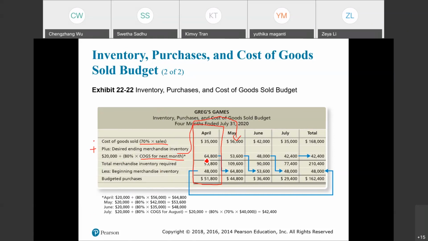COGS plus desired ending inventory equals total merchandise inventory required. Total merchandising inventory minus beginning merchandise inventory, we get budgeted purchases.